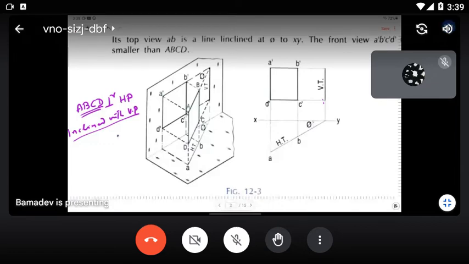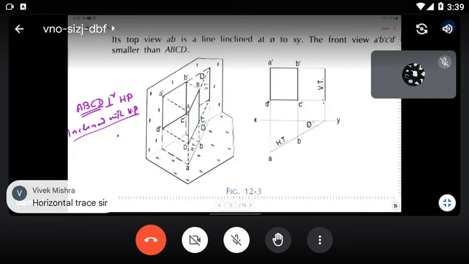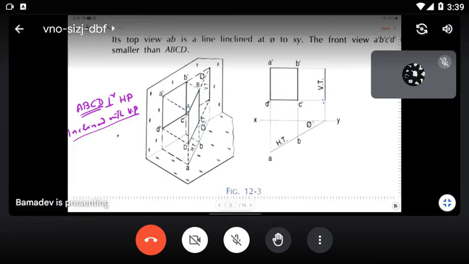I'm not able to listen completely. Please repeat. Sir, he is asking how to draw the horizontal trace. How to draw the horizontal trace and vertical trace? Is it? No, sir, just the horizontal trace. How to draw the horizontal trace, or both horizontal and vertical? Horizontal.